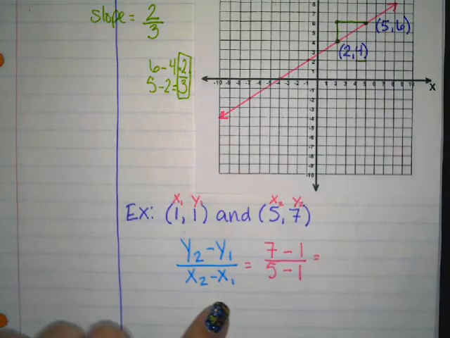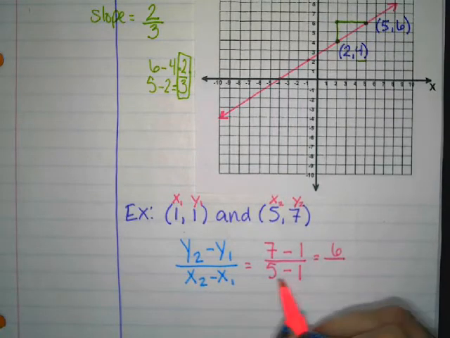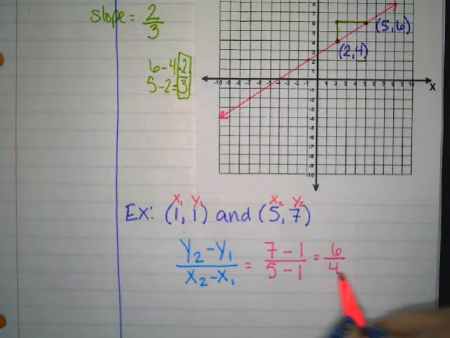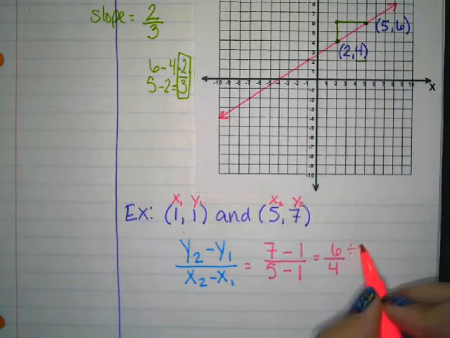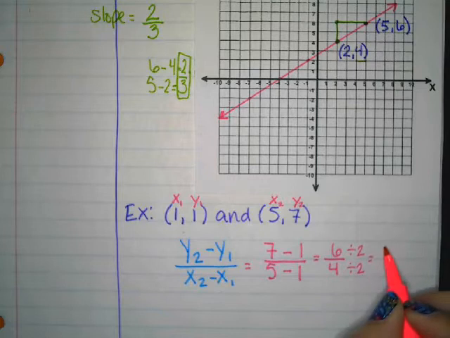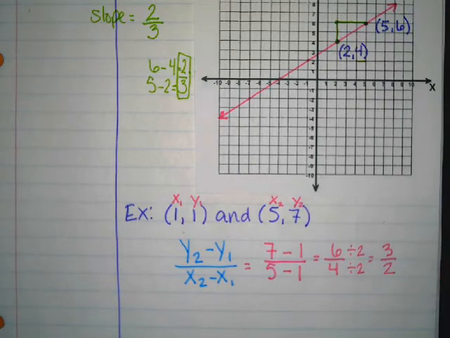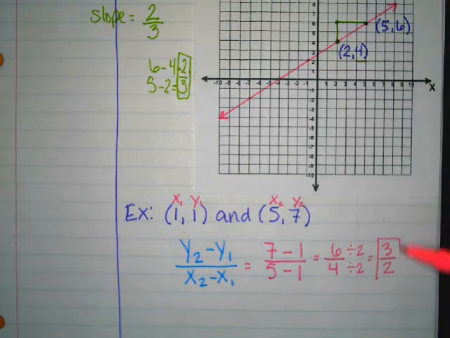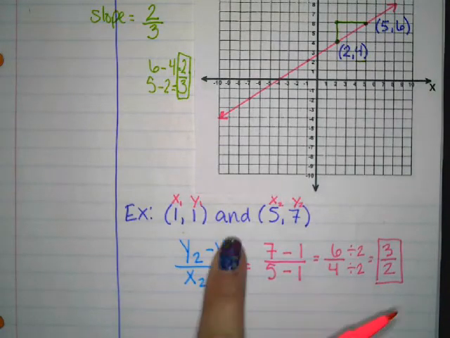Now I'm going to simplify. 7 minus 1 is 6. 5 minus 1 is 4. Now here's my slope, but I can simplify it down. I know that 2 goes into both 6 and 4, so I'm going to divide both by 2, and I end up with 3 over 2. And here is my slope. So that's the answer for this question.